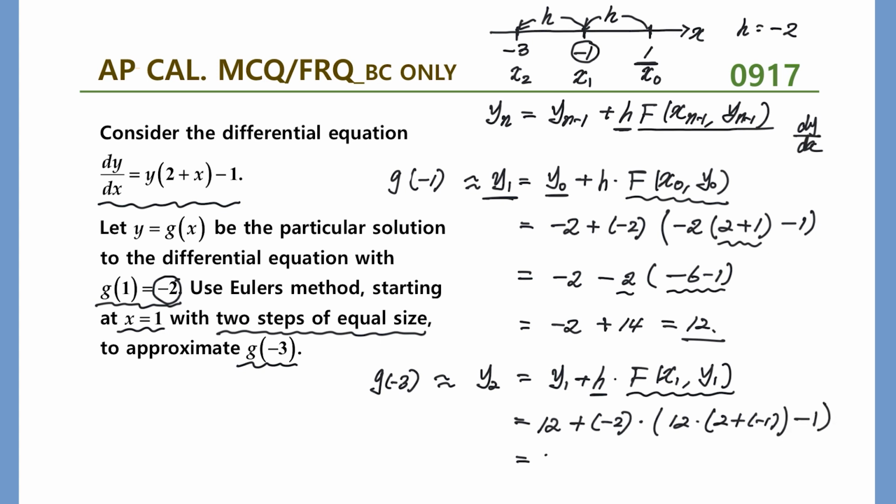So that's 12 times 1, that's 12, minus 1, that's 11. So that's going to be 12 minus 22, that's -10. So our approximation for g of -3 using Euler's method is -10, all right?